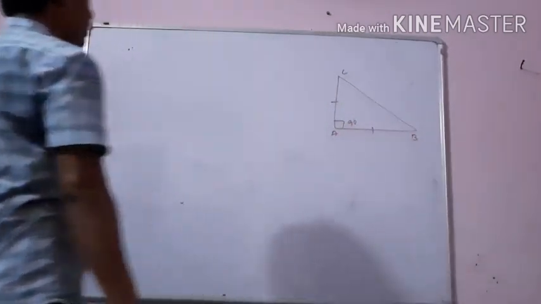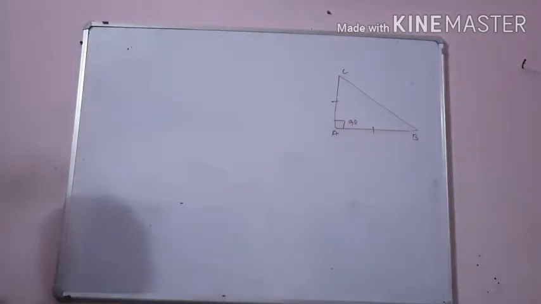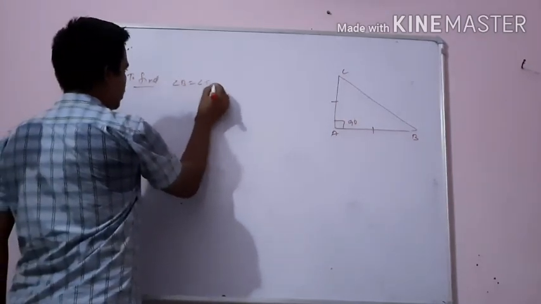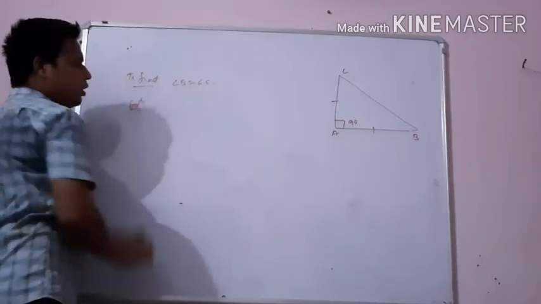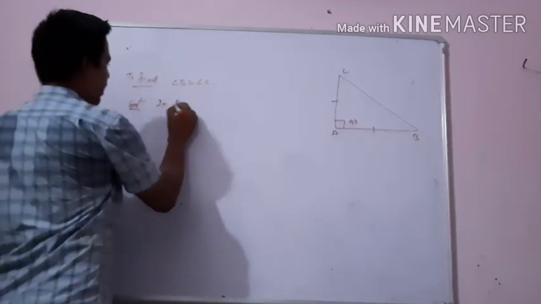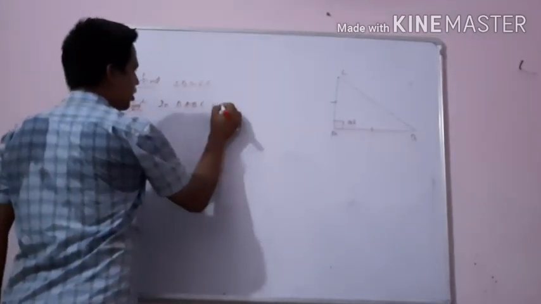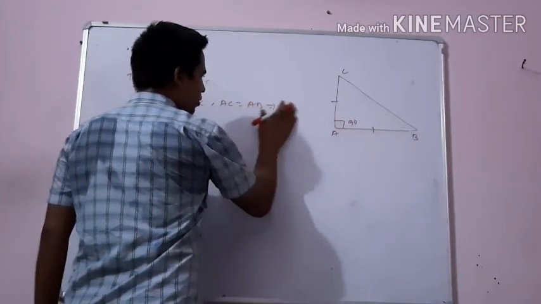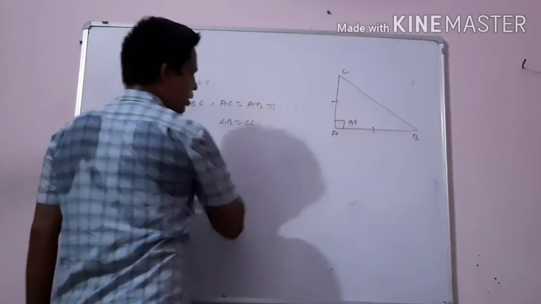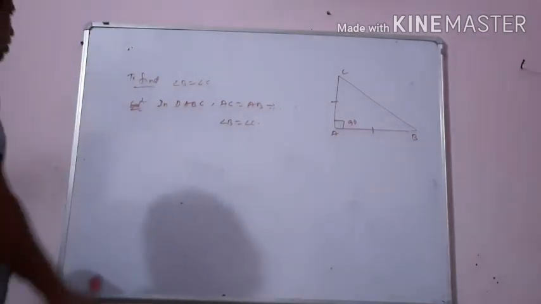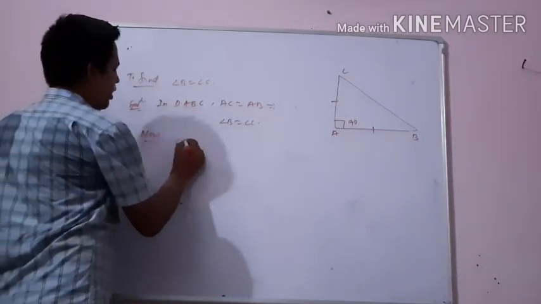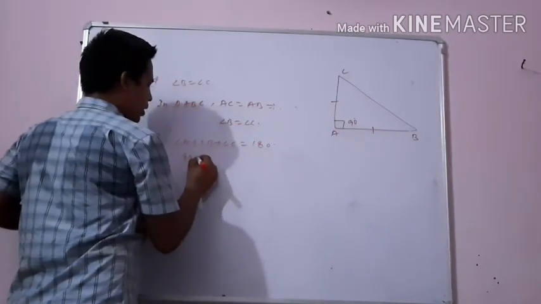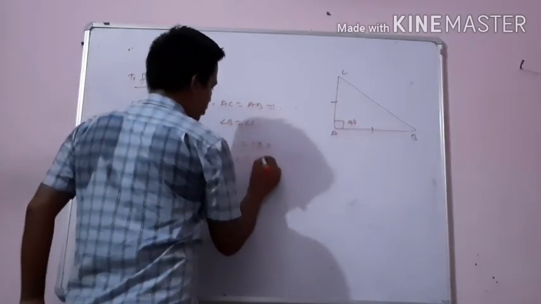See, in this question we have to find angle B and angle C. Solution: you see, in triangle ABC, AC equals AB, then we will have angle B equals angle C. Now angle A plus angle B plus angle C equals 180. 90 plus angle B plus angle C equals 180.